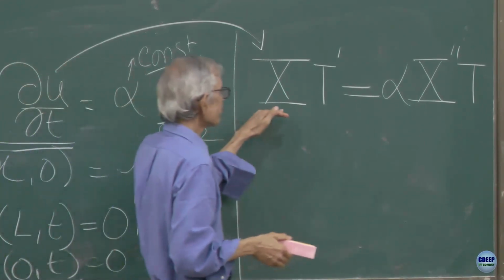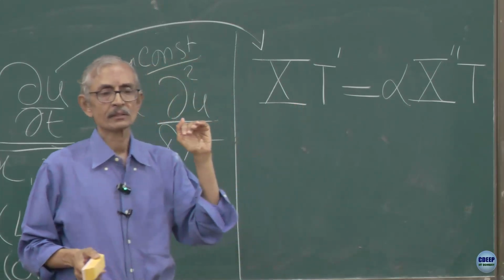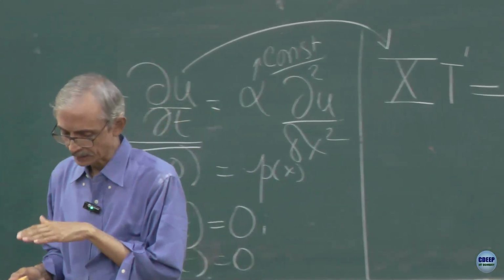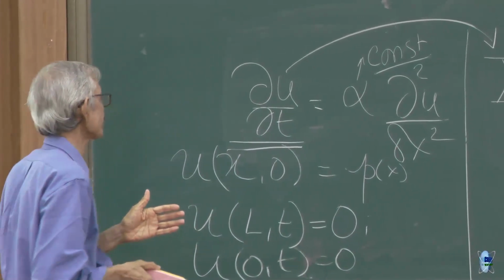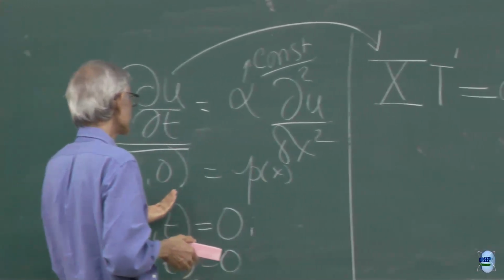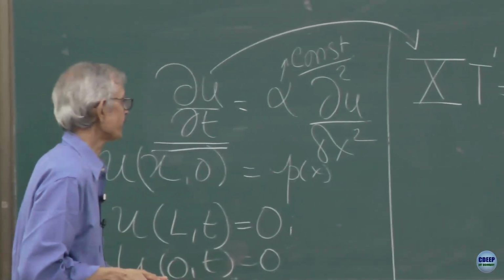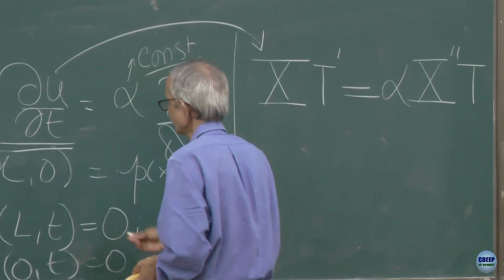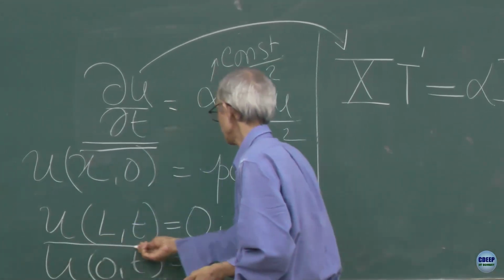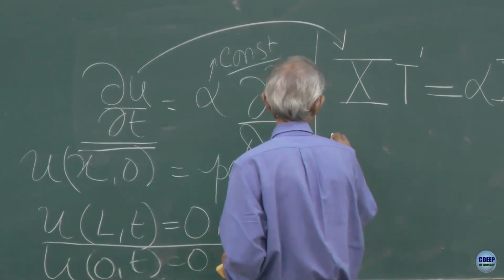Now, we have seen when we were looking at the ordinary differential equations that the boundary conditions or the initial conditions are important. So we need to push these guys in this also and see if I'm going to be able to make some sense out of it. Okay. So let us look at this guy here, u at L and t.